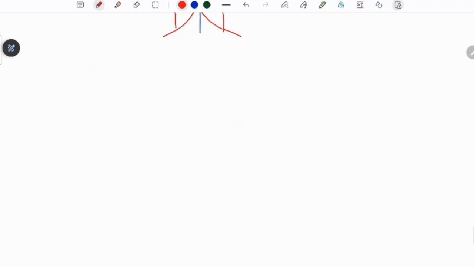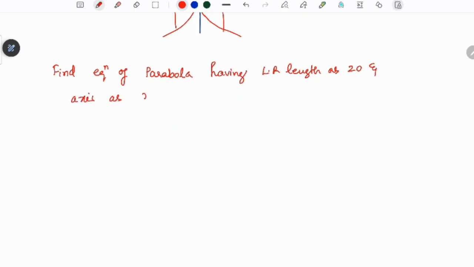Next, one point. Find the equation of the parabola having latus rectum length as 20 and axis as x plus 2y minus 4 is equal to 0, and tangent at vertex as 2x minus y plus 3 is equal to 0.